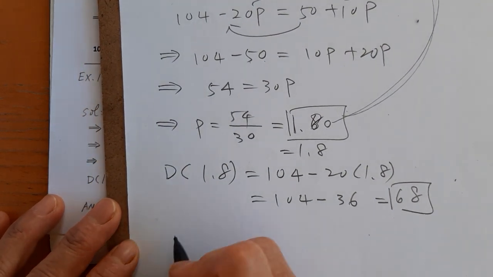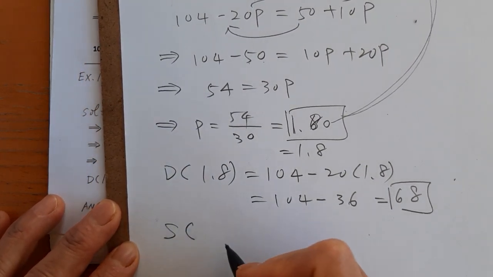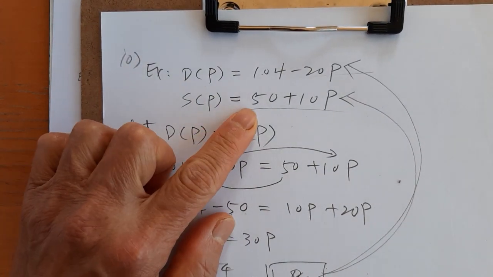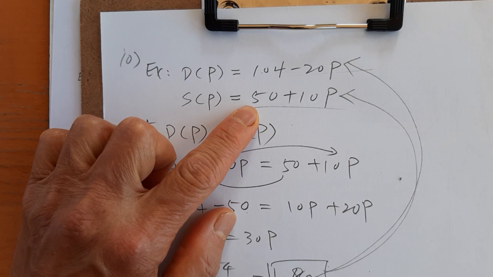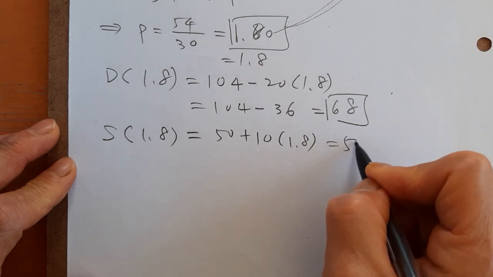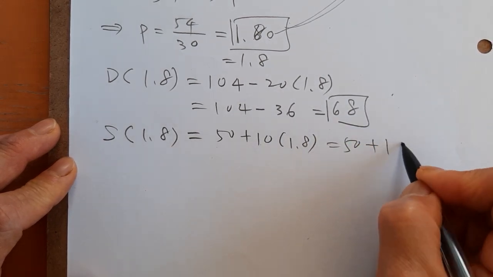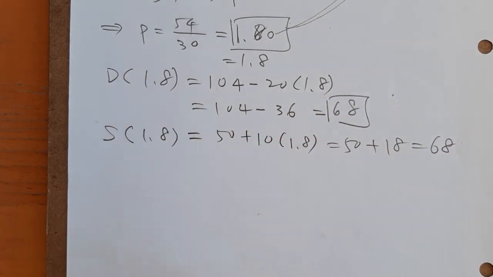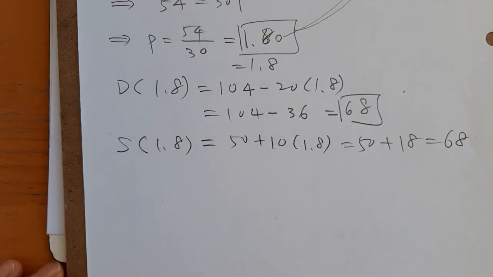Or you can put it into the supply function: 50 add 10 times 1.8. 10 times 1.8 is 18, so it's also 68, because they are equal. We set them equal and solve for P, so they should be equal.